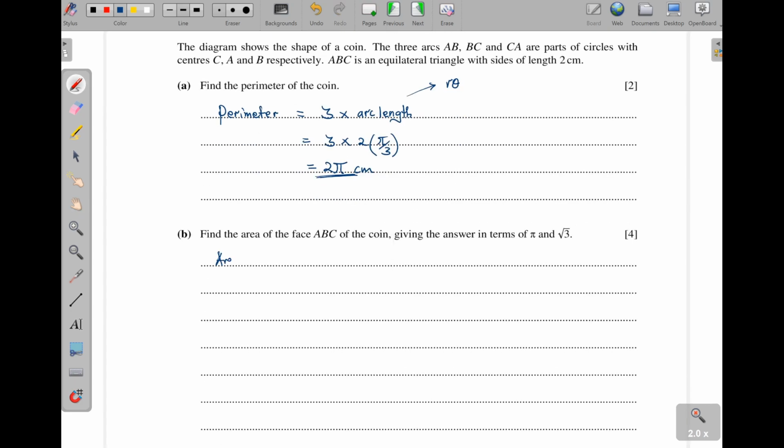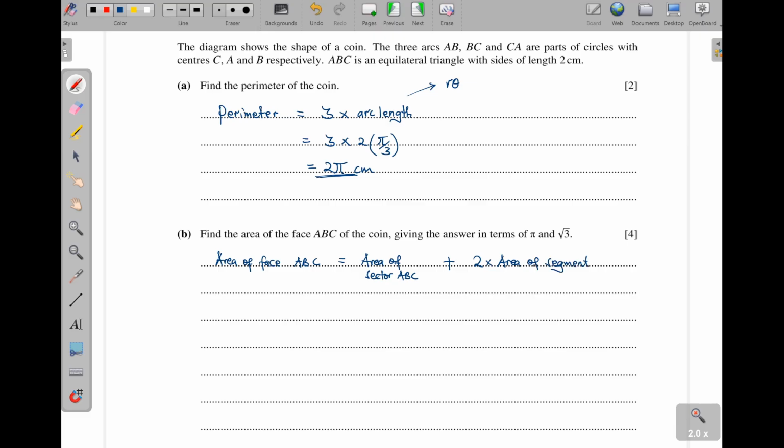Area of face ABC. This one is going to be equal to area of sector ABC, then plus, there are 2 segments that are left, so 2 times area of the segment.